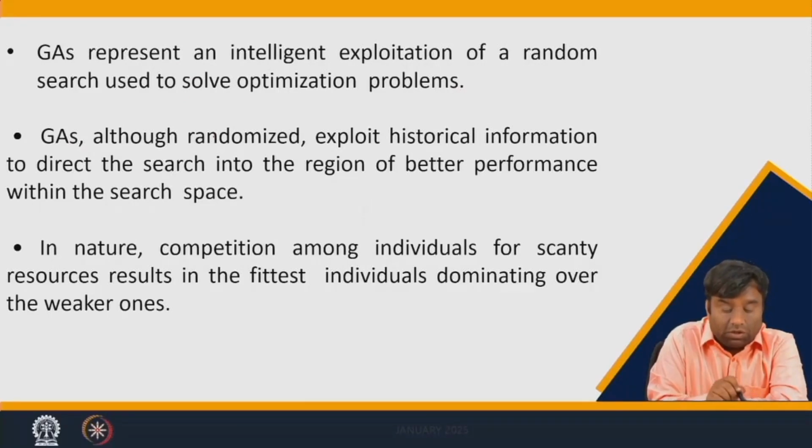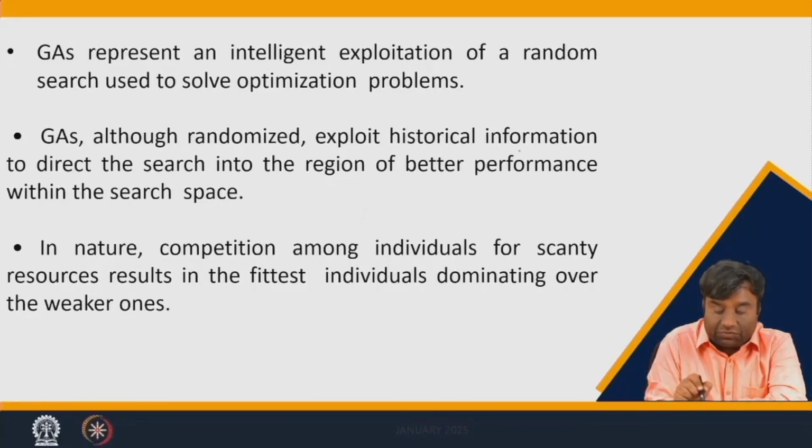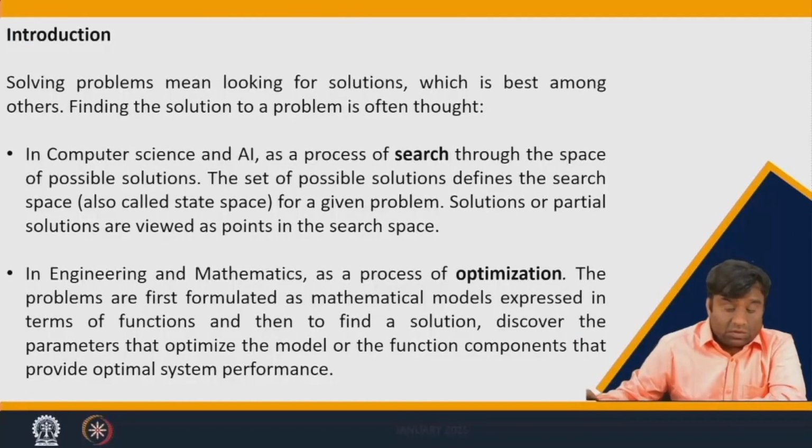Although randomized, they exploit historical information to direct the search into the region of better performance within the search space. In nature, competition among individuals for scanty resources results in the fittest individual dominating over the weaker ones. So genetic algorithm is based on these concepts.